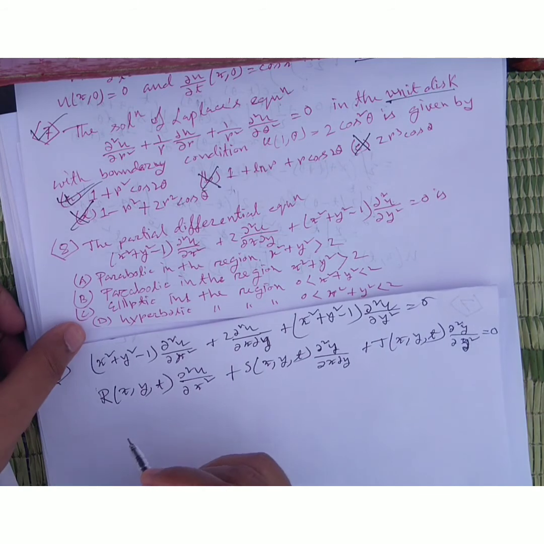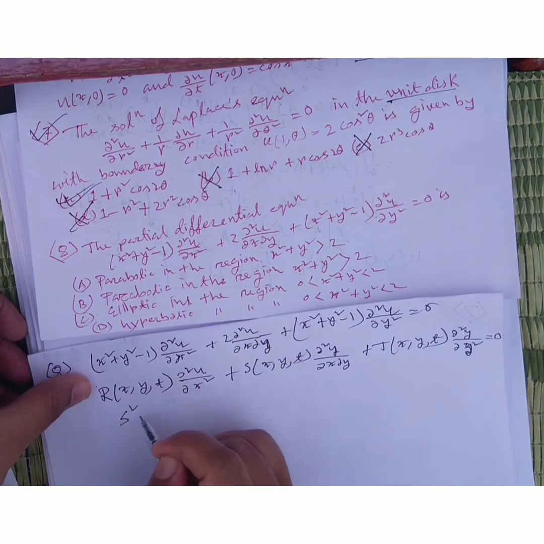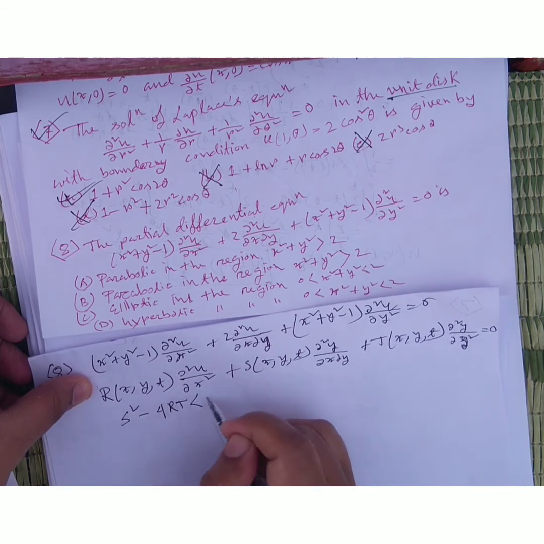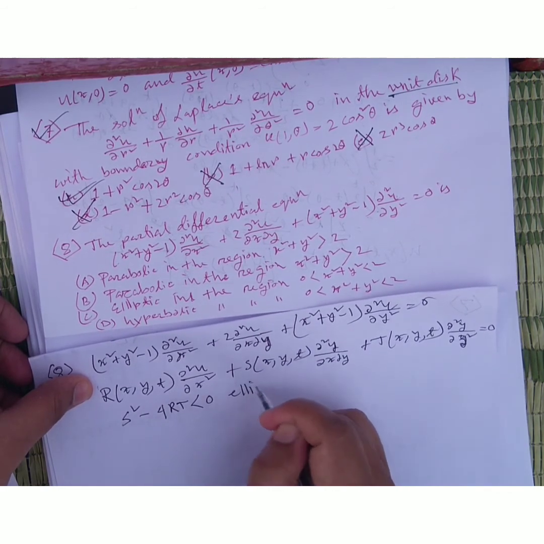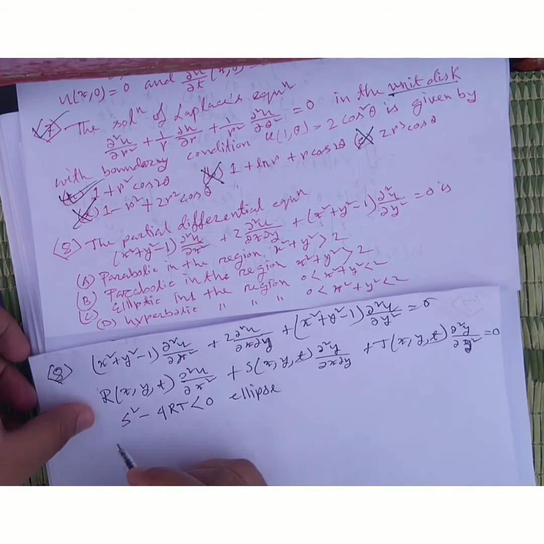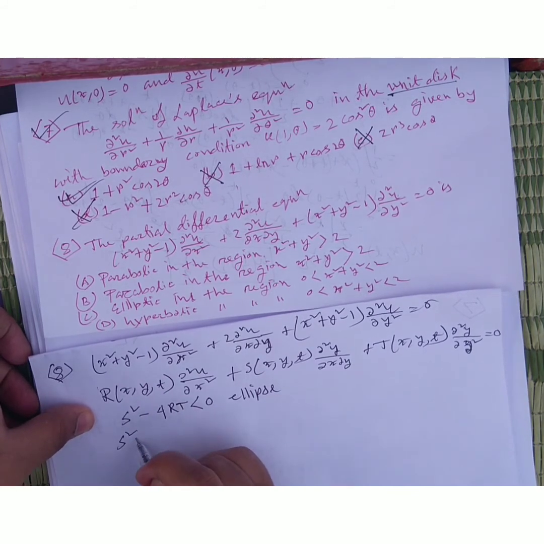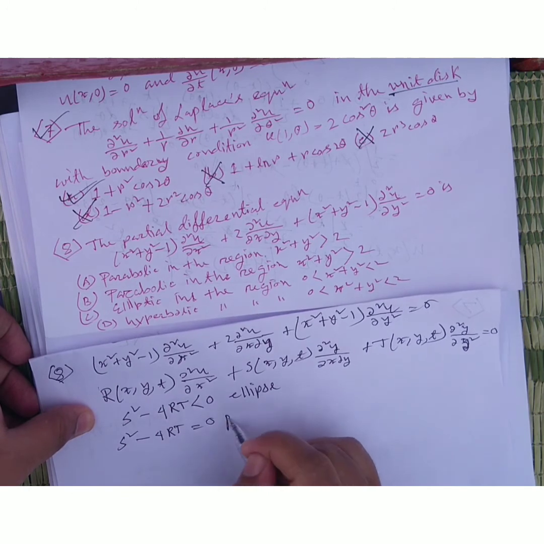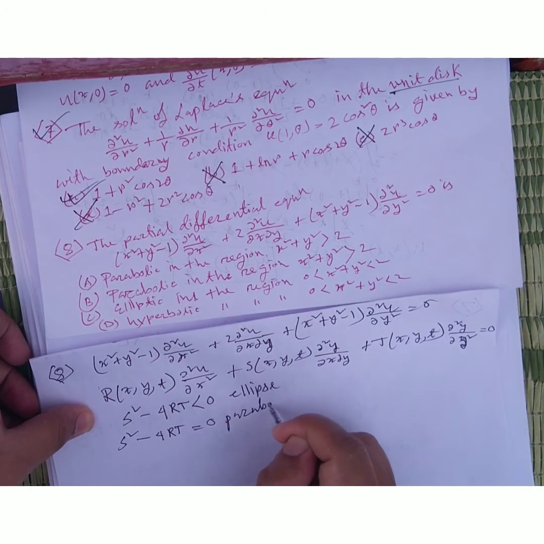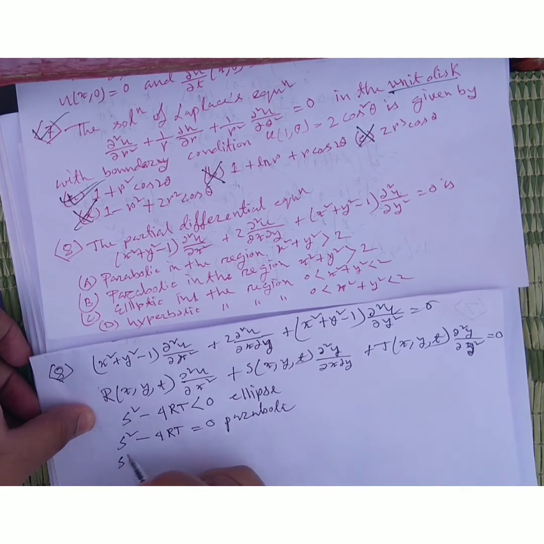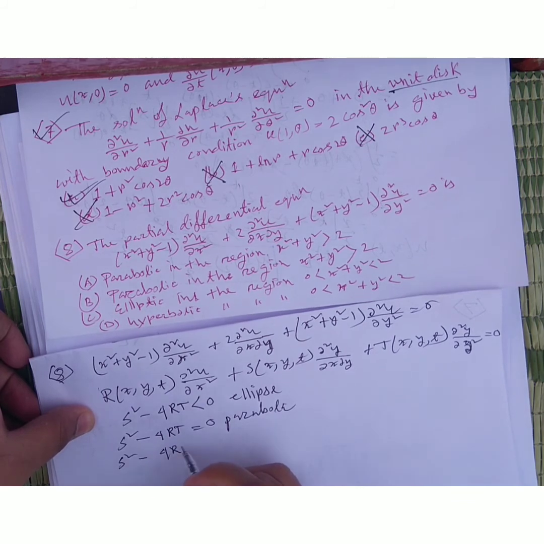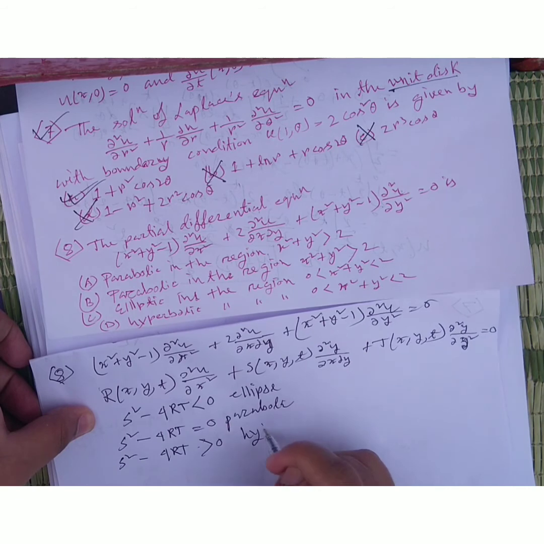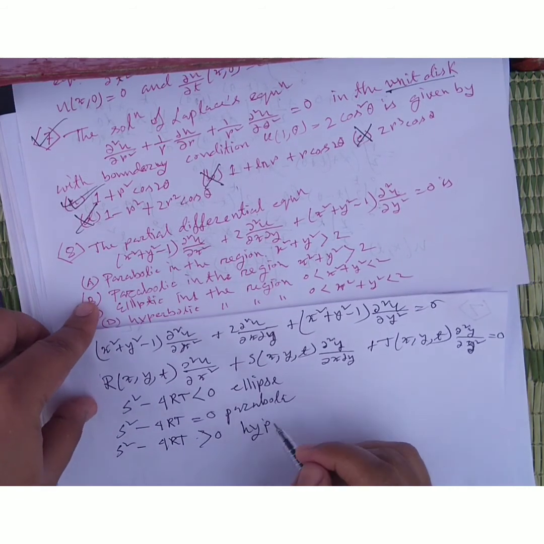So friends, if s square minus 4rt is less than 0, then it is elliptic, and if s square minus 4rt is equal to 0, then it is parabolic, and if s square minus 4rt is greater than 0, then it is hyperbolic.